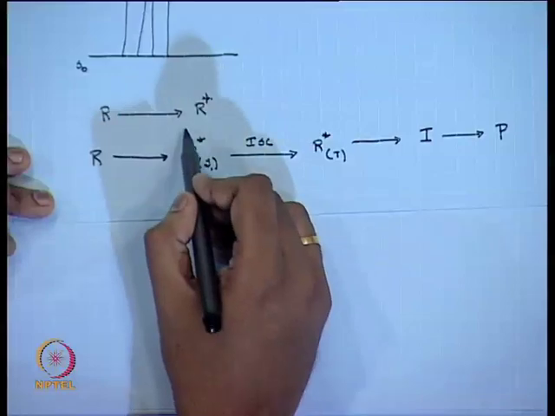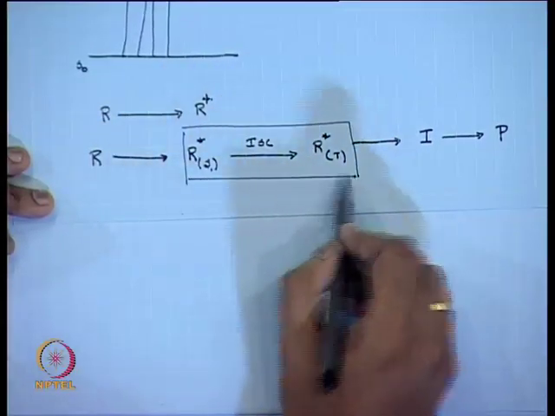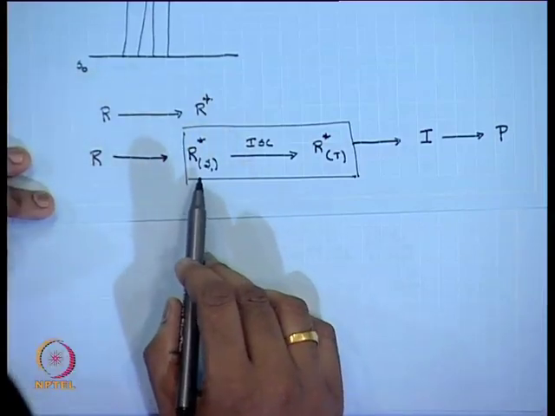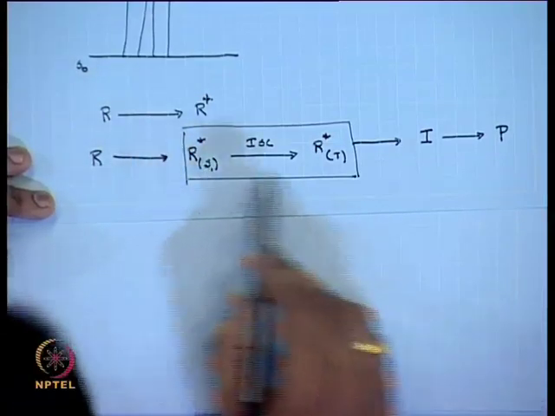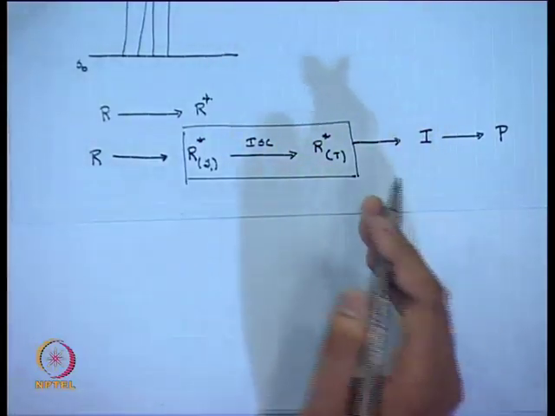We have to take this part now. In the next class, we will try to understand in detail how this R star singlet to R star triplet transition happens, just by orbital structure. We will see how this transition occurs. It is just a few minutes we will discuss on that.